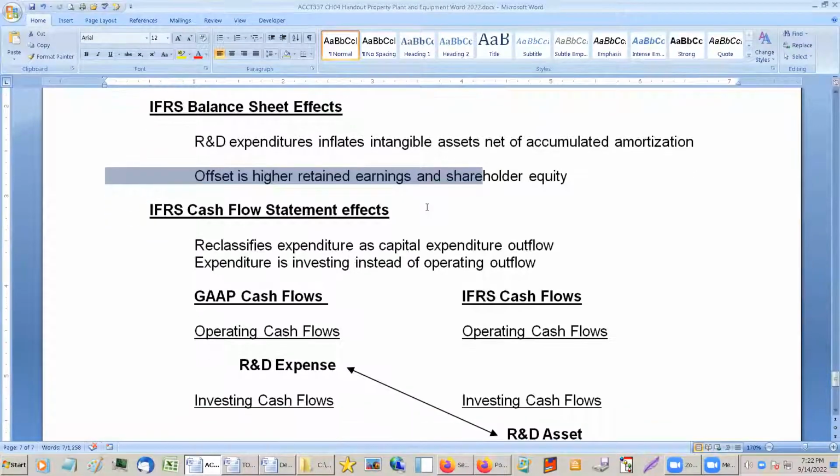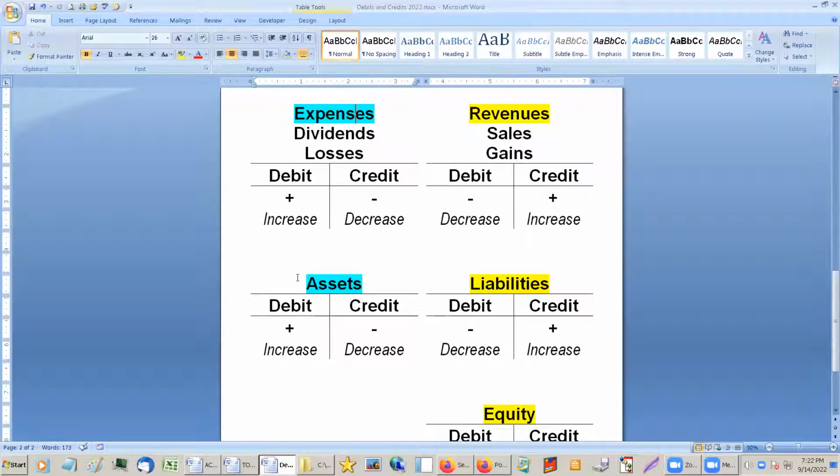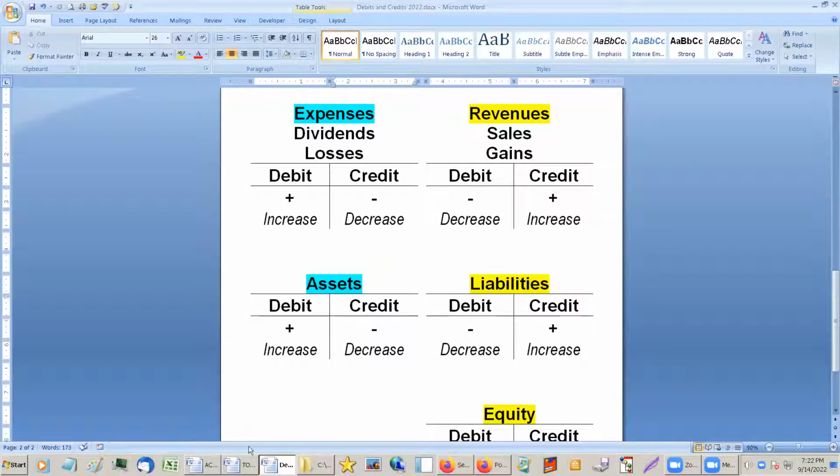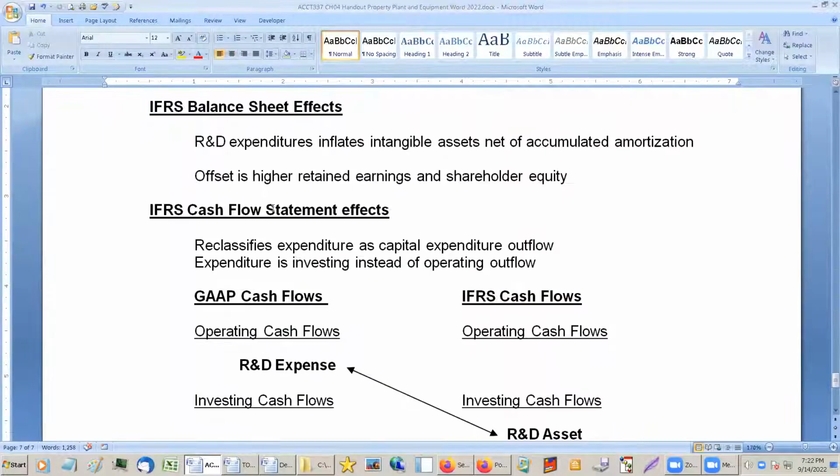And that you have more sitting in retained earnings because of it. To the same extent, right? Here's our balance sheet down here. If you do something to one side, you have to do something to the other. So it's an equal amount.